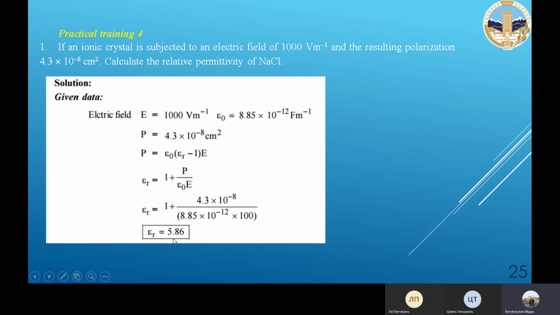We get 5.86. So in this exercise, the relative permittivity of sodium chloride equals 5.86.